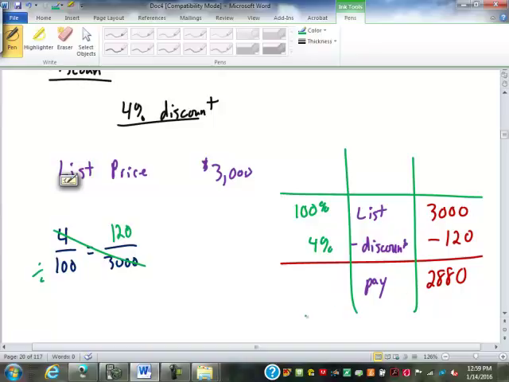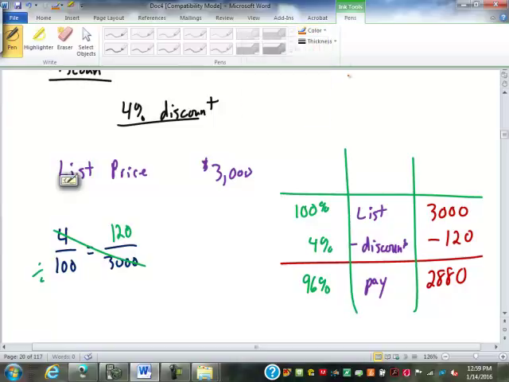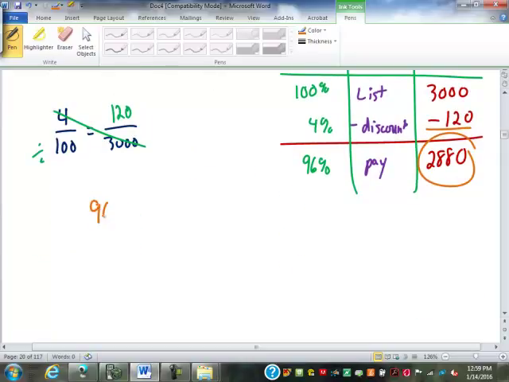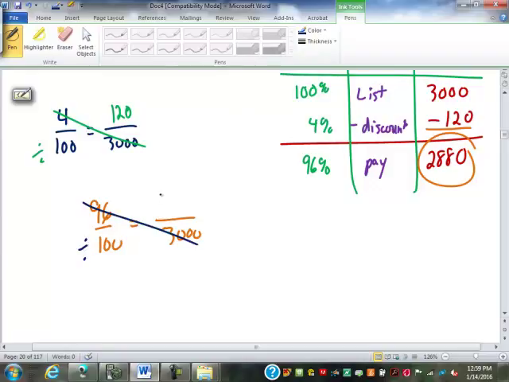The amount we pay then, we're going to subtract that just like we did the dollars. 100 minus 4 is 96%. So rather than going through the trouble of finding that discount, the 4%, and subtracting it, what we could have done was simply found 96% of the 3,000 right away. Then we cross multiply and divide. It would have given us 2,880.